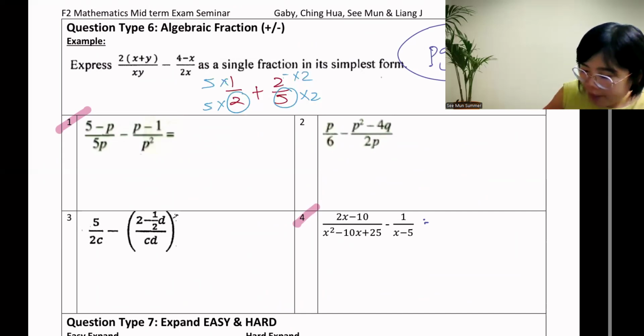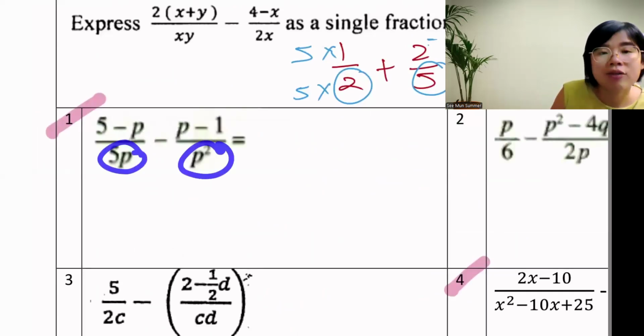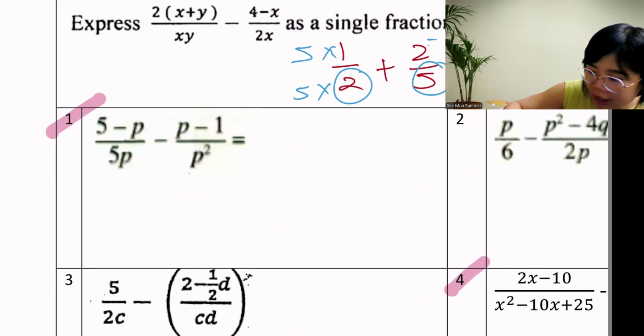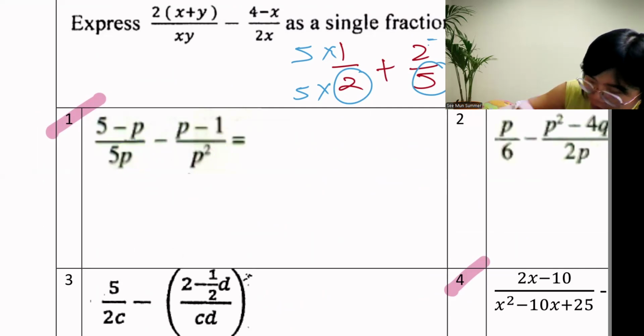So now we come back to question number 1 here. Both of them have different denominators, so I'll try my best to make them the same. How to make them the same? 5p, can it convert to p squared? Definitely not directly the same, but I can times p, correct?